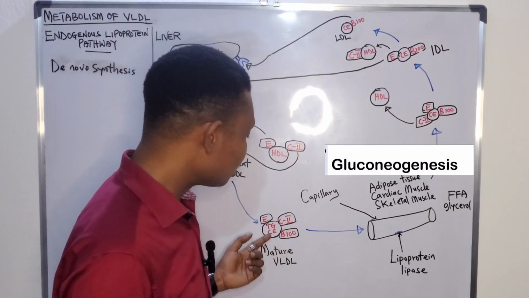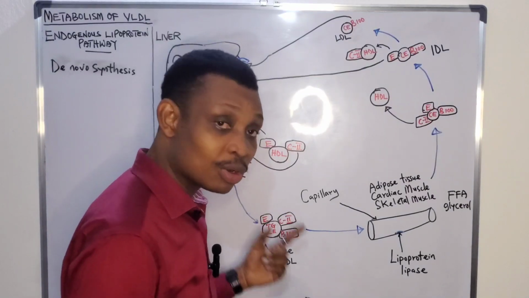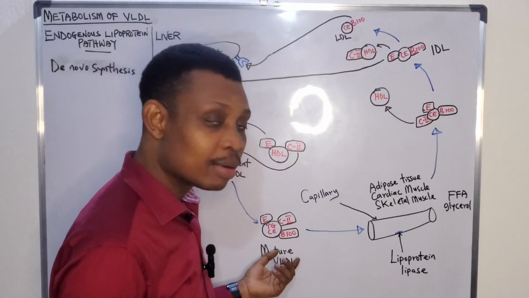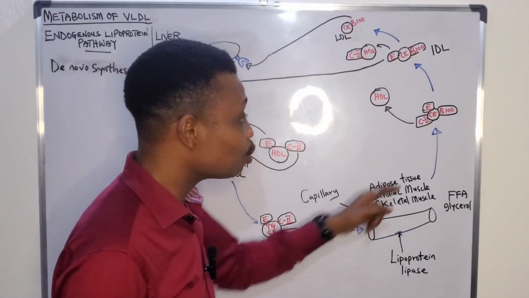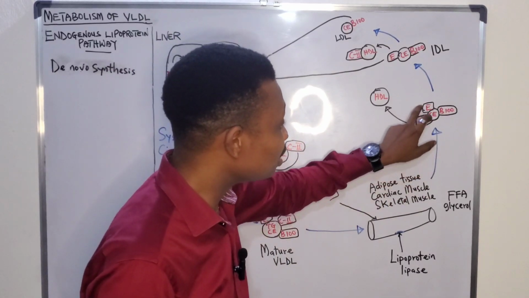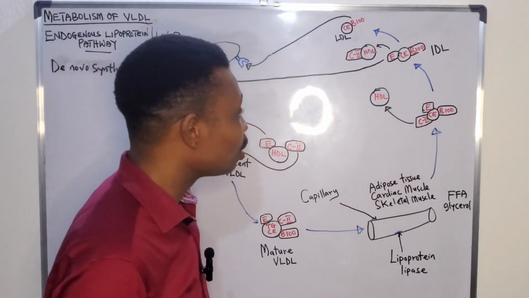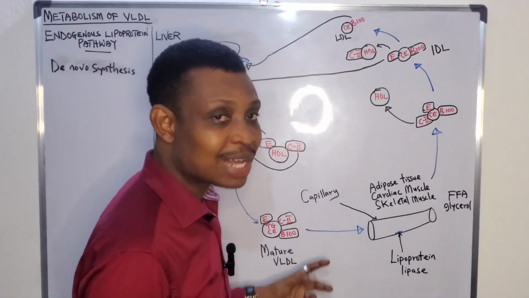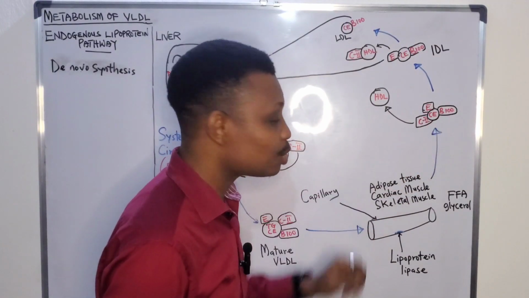When this triglyceride has been hydrolyzed, the major component of the lipoprotein particle will be cholesterol esters, still bound to the three apoproteins. But then again, HDL will associate with this particle.